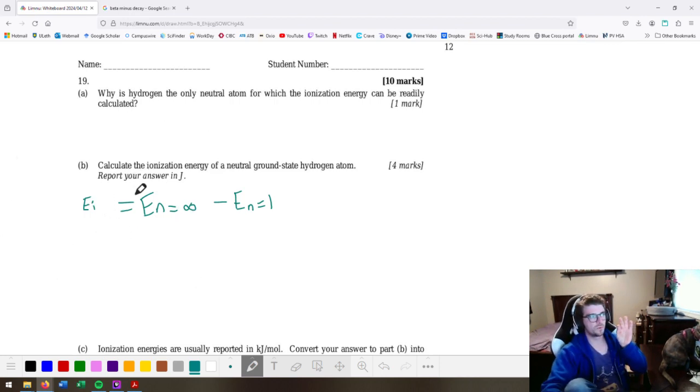And so how we set this up is as E_n at n equals infinity. What that means is that this is the energy level of an electron that is no longer associated with the element. So let's talk a bit about energy levels in an atom.